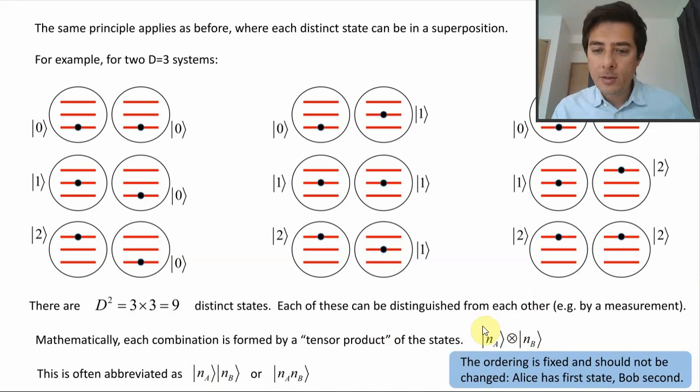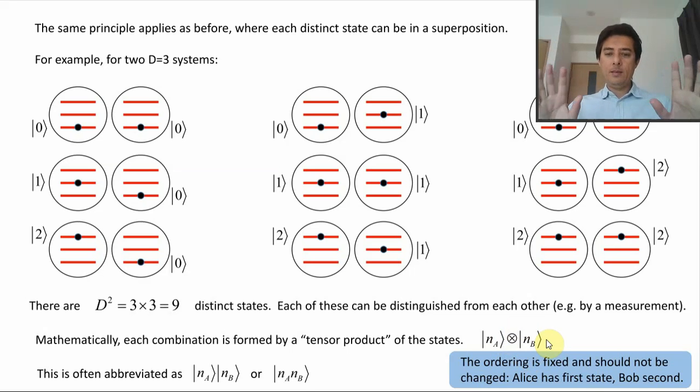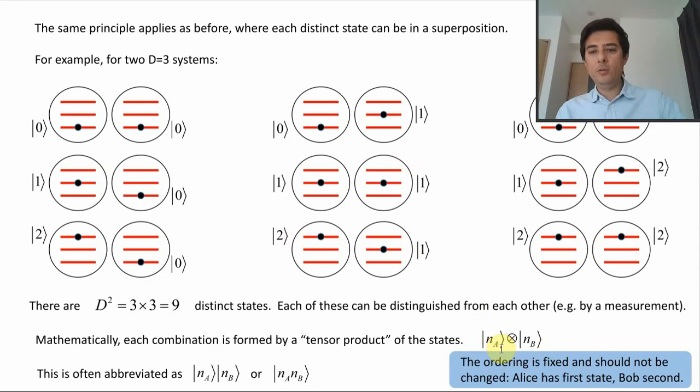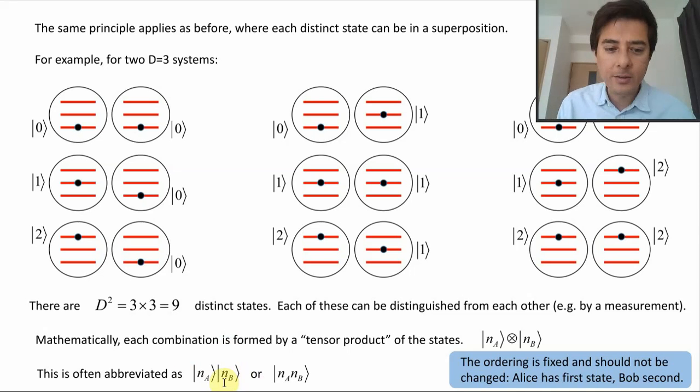That means the first state here is always Alice's state, and the second state is always Bob's state, and that ordering is fixed. Don't go changing that label, because obviously then you'll get a totally different state. It's implicit that the first one belongs to Alice and the second one belongs to Bob, even if I don't have the A and B labels here. The same goes for that notation too.